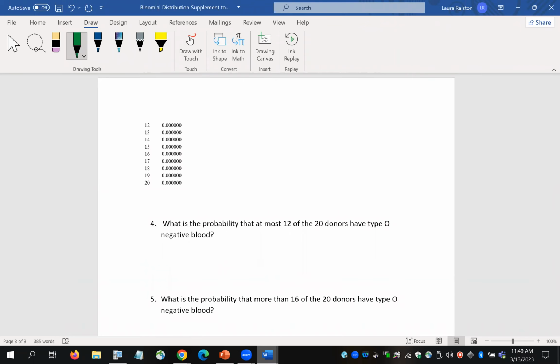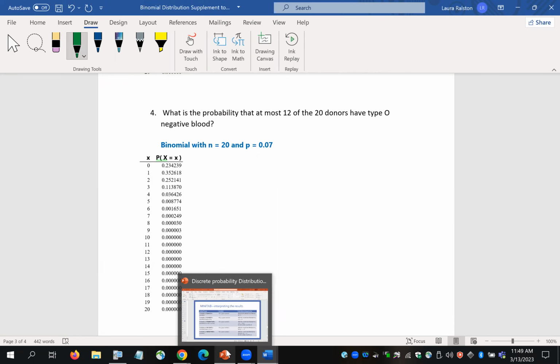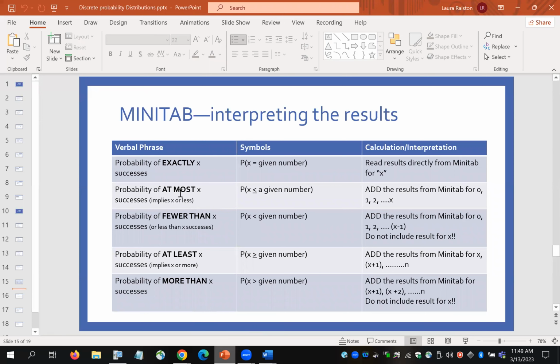Number 4, same scenario, says what is the probability at most 12 of the donors have type O negative blood. Okay, so let's go back to our table. At most 12. At most means from 0 up to 12.